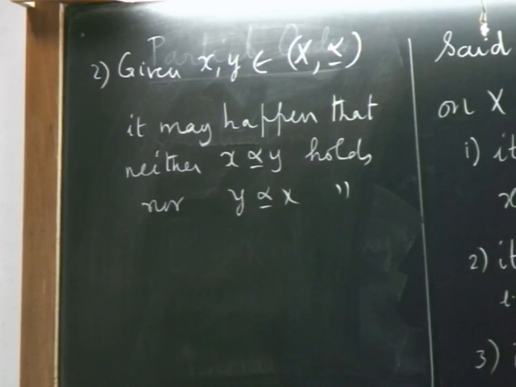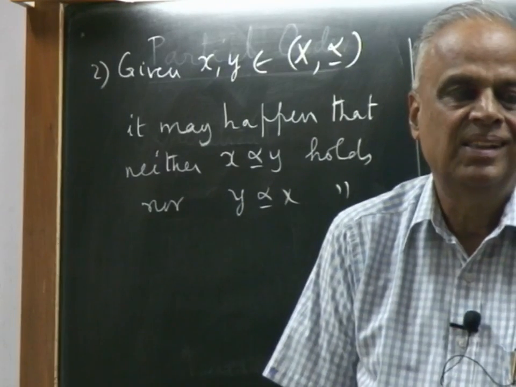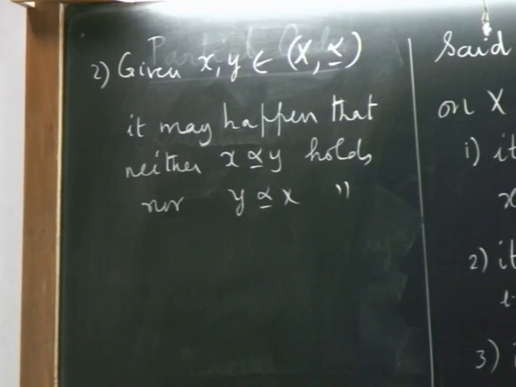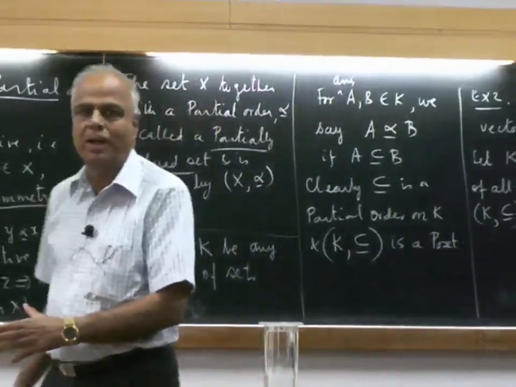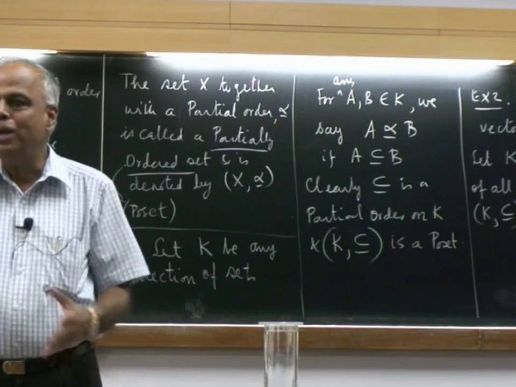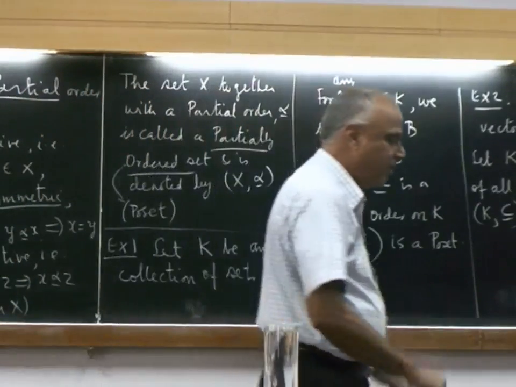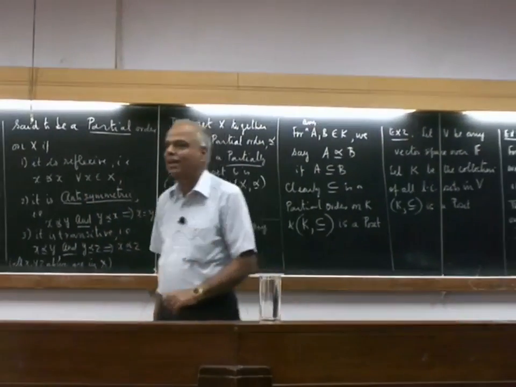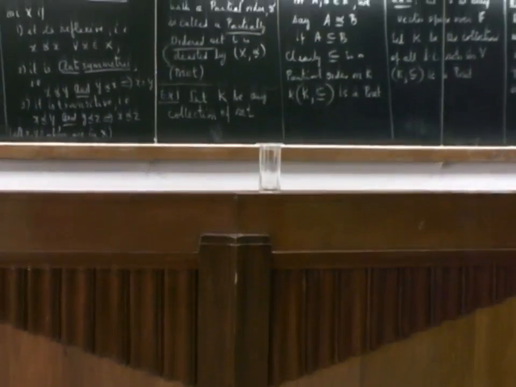You can think of an example like that. Let us say we have the men in Bangalore, and I say man X is related to man Y if X is the younger brother of Y. It may happen I pick two fellows, neither X is the younger brother of Y nor Y is the younger brother of X, and if by chance X is the younger brother of Y, then Y certainly cannot be the younger brother of X. So, if one happens, the other cannot happen, but it may be that both do not happen.